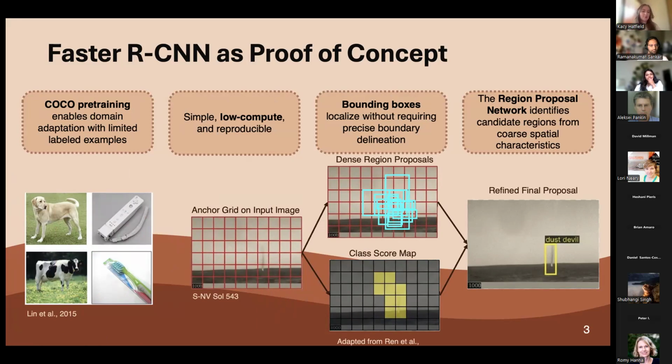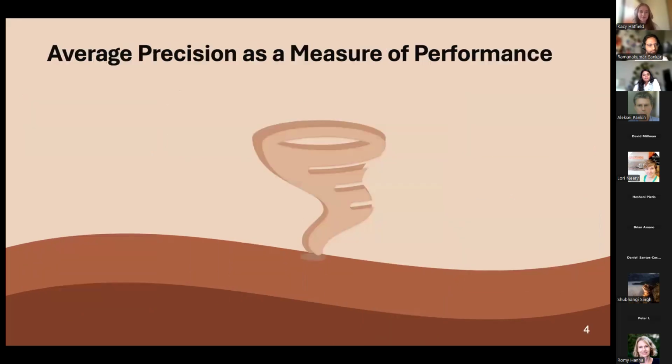From there, it proposes a dense set of overlapping candidate regions to the highest scoring areas, and those candidates get refined to a single final proposal, which is the bounding box you see on the right labeled dust devil. The key is that this doesn't require fine detail, only coarse spatial structure, which suits a target like dust devils, which don't have sharp, consistent edges and textures to lock onto.